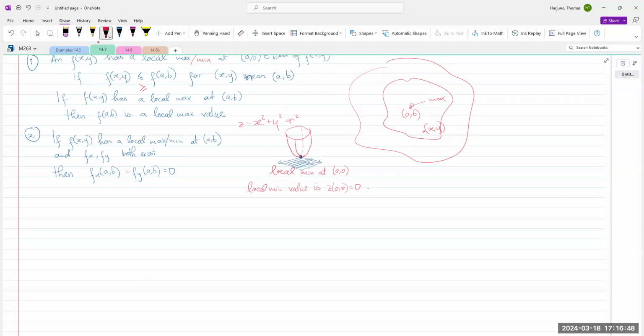So maybe I write it as a note: the tangent plane is horizontal, or to be more precise, parallel to the xy plane.